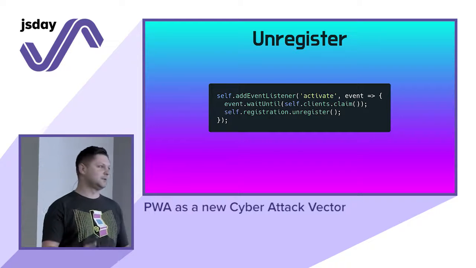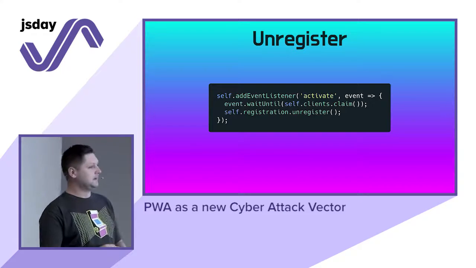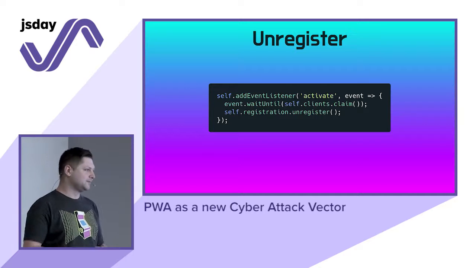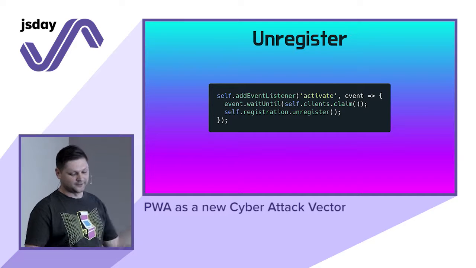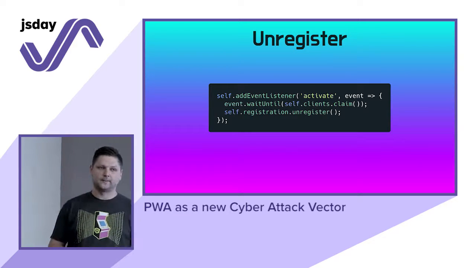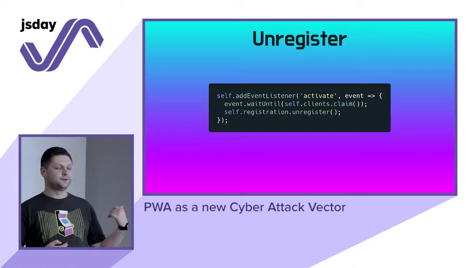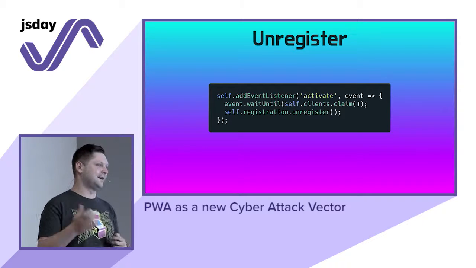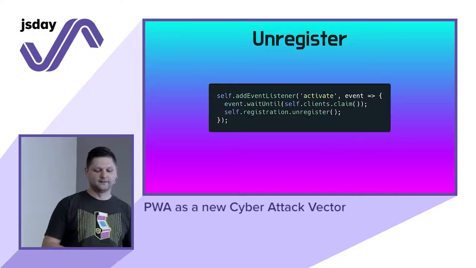There are a lot of workarounds regarding how to upgrade a service worker, and they are trying to change the specification in this case. Also, we need to unregister some service workers if they were registered not by us, but by somebody else.